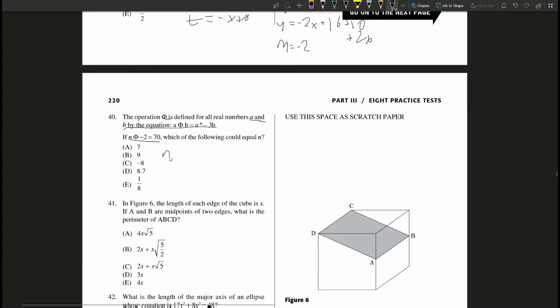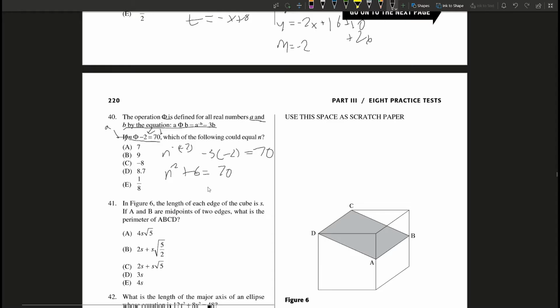So n squared minus 3 multiplied by negative 2, because remember that this is b and this is a, and so n squared plus 6 is equal to 70.